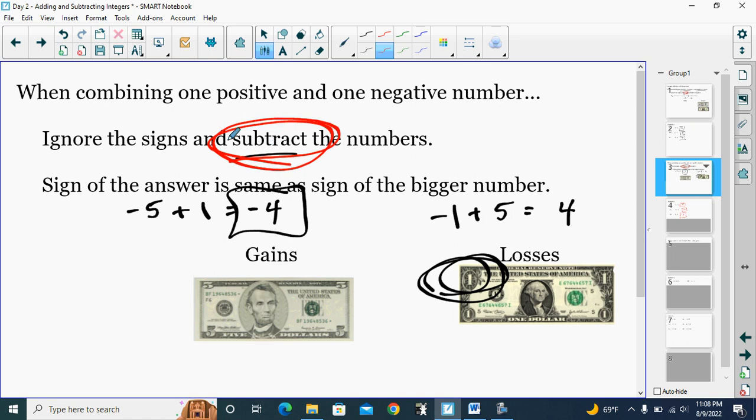We subtract, and then the sign of the answer is the same as the sign of the bigger number. We check the bigger number sign. If the bigger number was negative, then the answer is negative. If the bigger number was positive, then the answer is positive. And again, when you check the sign, you're always checking the sign in front of the number, not the one behind the number.